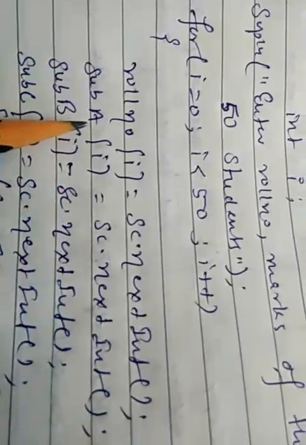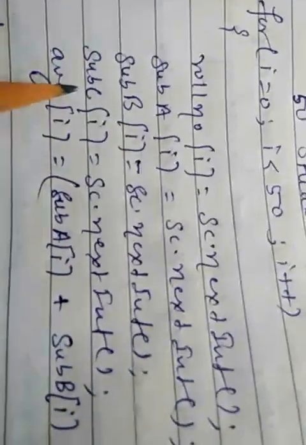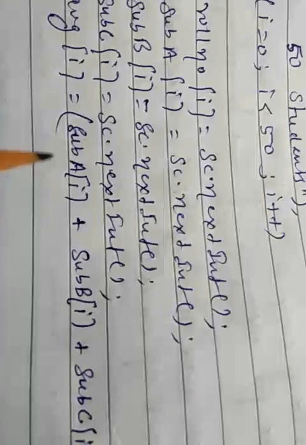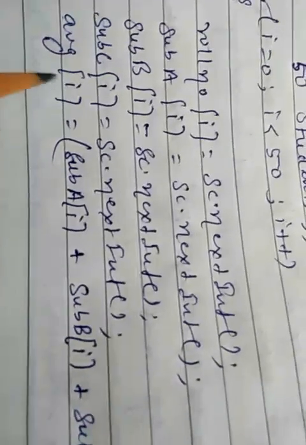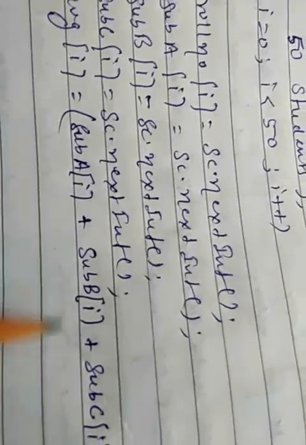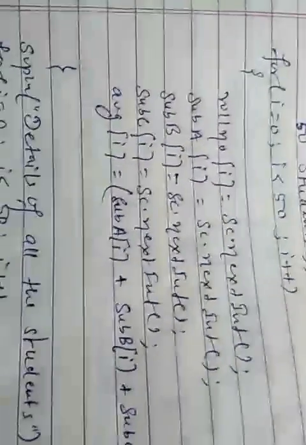The second value will be in subject A, the third value in subject B, and the fourth value in subject C. When all the subjects are inputted by the user, we calculate the average marks of the first student. The formula will be average of i equals subject A of i plus subject B of i plus subject C of i divided by 3.0. This will be repeatedly executed till 50 students.